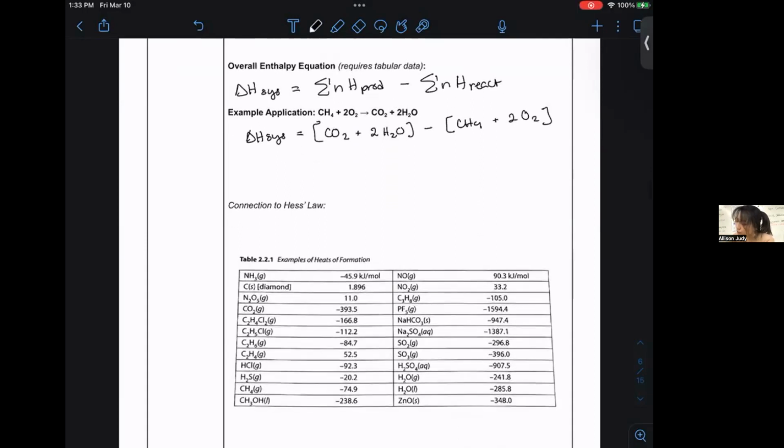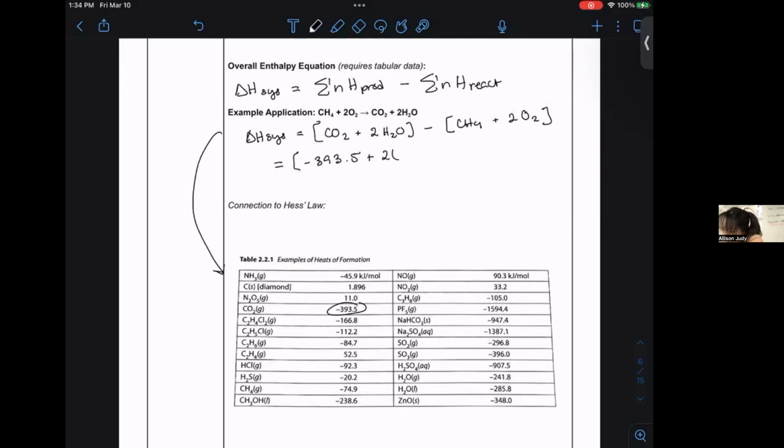And so what we do is we look down at this table and we say, well, CO2 requires the following amount of energy to form. CO2 is negative 393.5 plus 2 times how much energy does it take to form H2O?